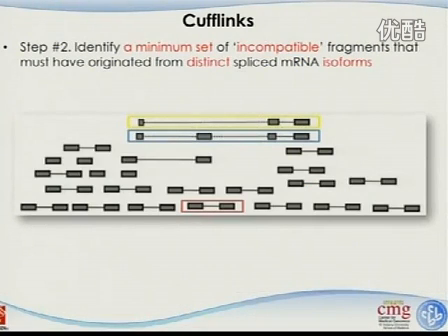The next step you want to do is to identify a minimum set of incompatible fragments that must have originated from different spliced mRNA isoforms. And for this data, this schematic example is these three reads.